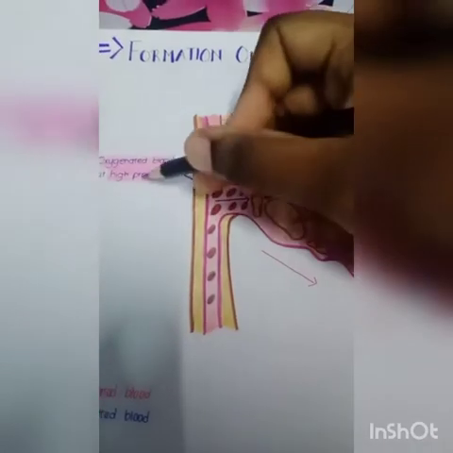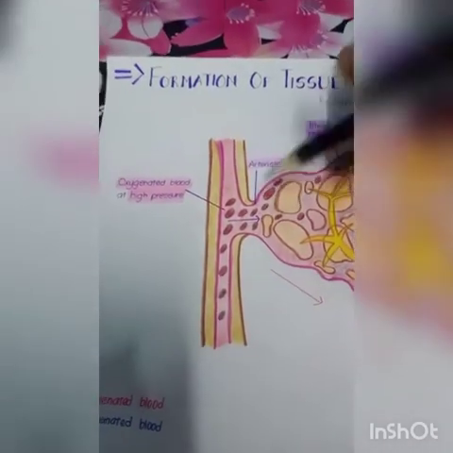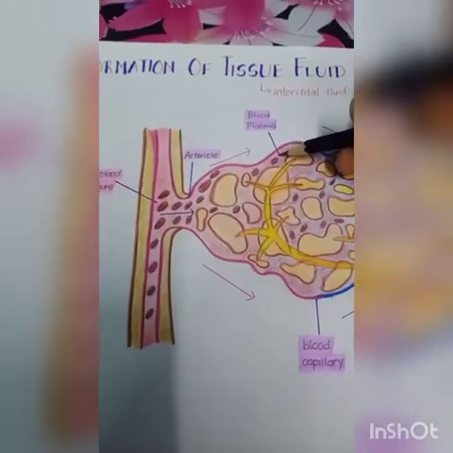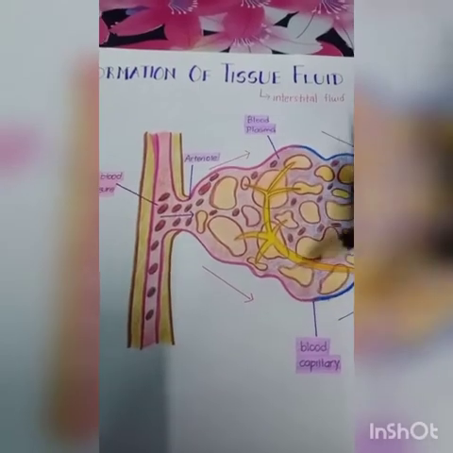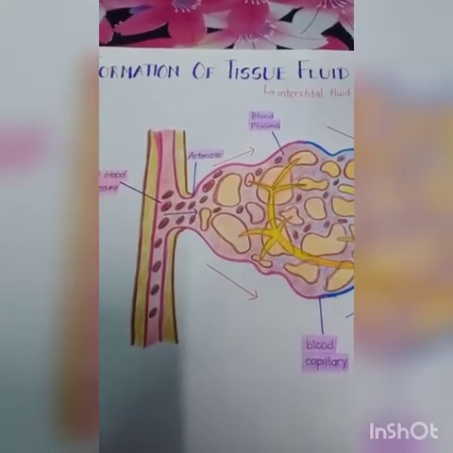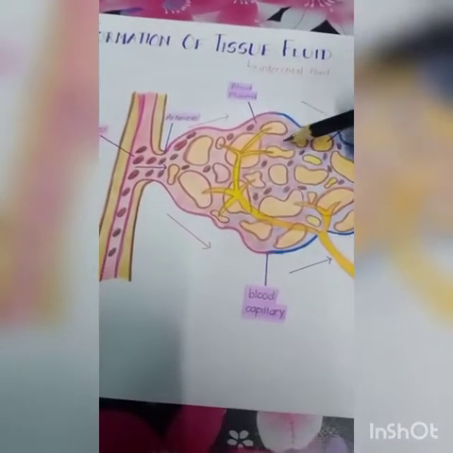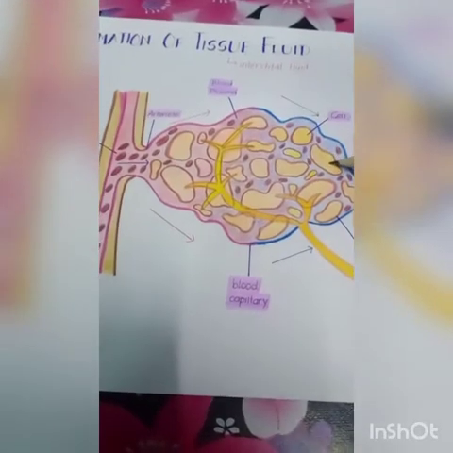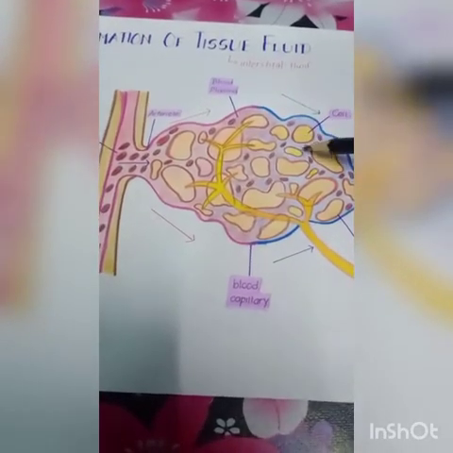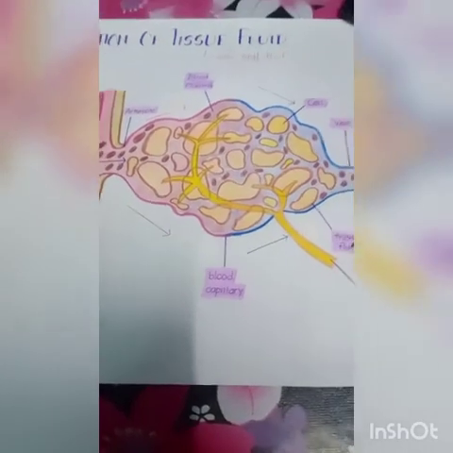This high pressure causes the blood plasma to diffuse continuously from the blood capillaries to the intercellular spaces. Then the blood plasma that occupies the intercellular spaces will bathe the cells, and this is known as tissue fluid.